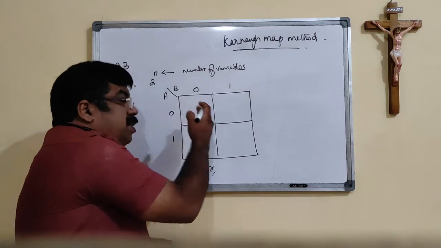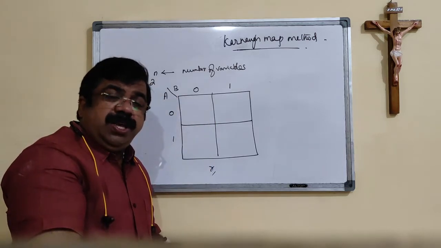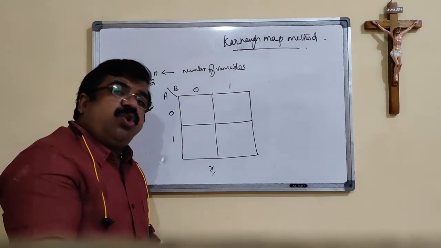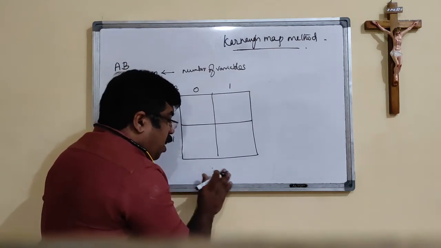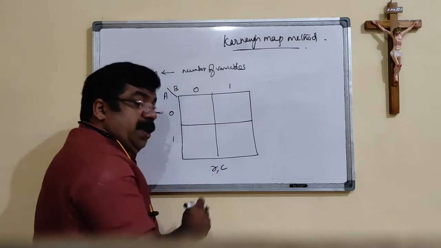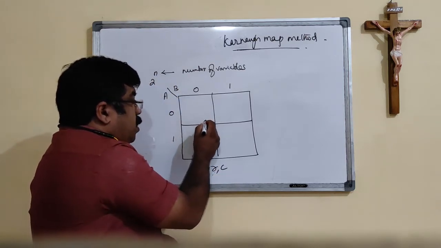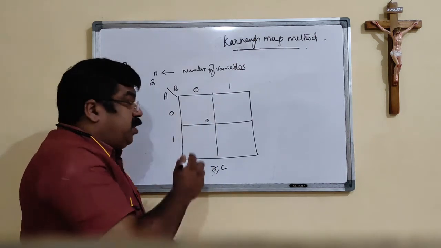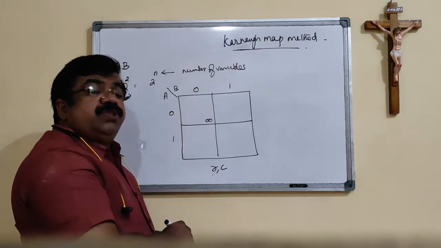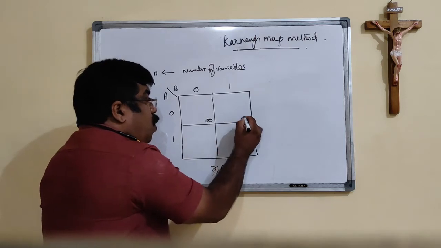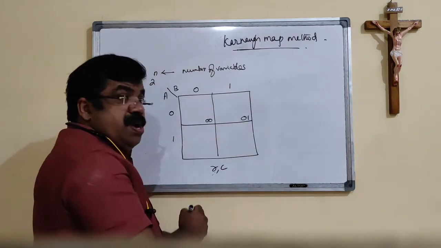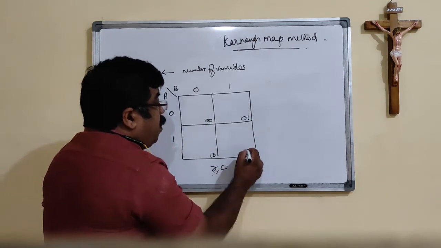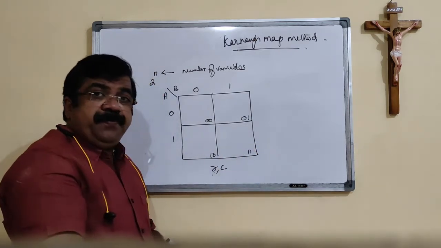In order to number these squares, we take the row coordinate as well as the column coordinate, that is R, C. Row 0, column 0; row 0, column 1; row 1, column 0; row 1, column 1.